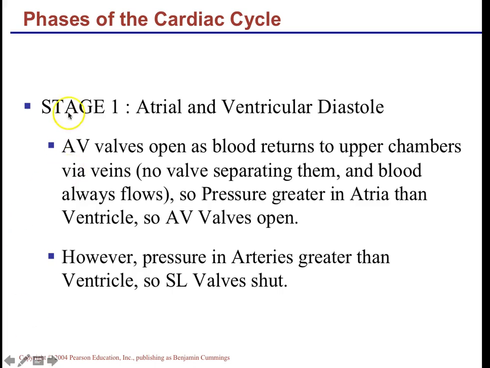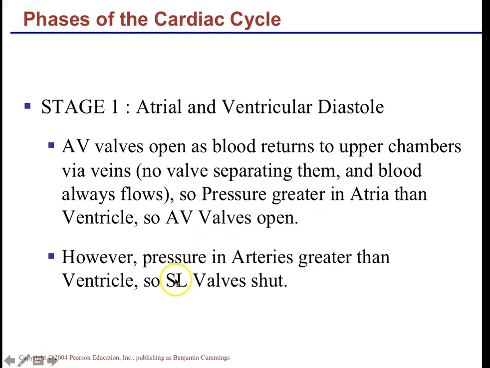So the first phase, stage 1, is atrial and ventricular diastole. Very briefly, there is a moment in time when the atria and ventricular chambers are relaxed. And what you want to do when they're relaxed is fill them. So in stage 1, the atrioventricular valves open because there's a little bit of pressure higher above than below, and the atria fill, and some of that blood trickles down into the ventricles.